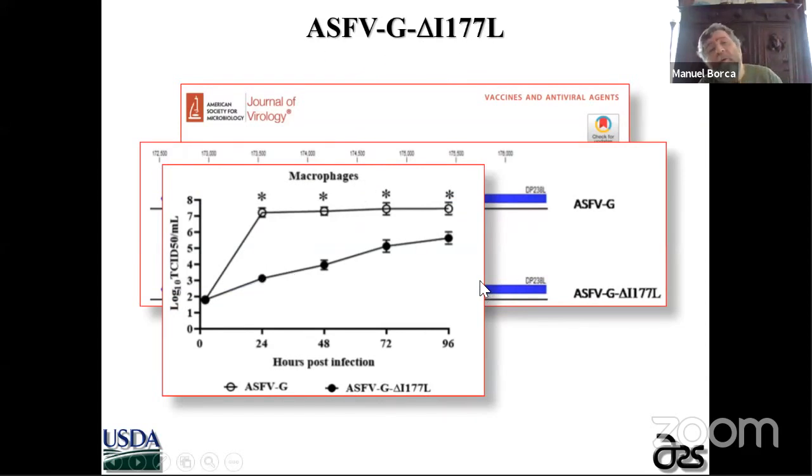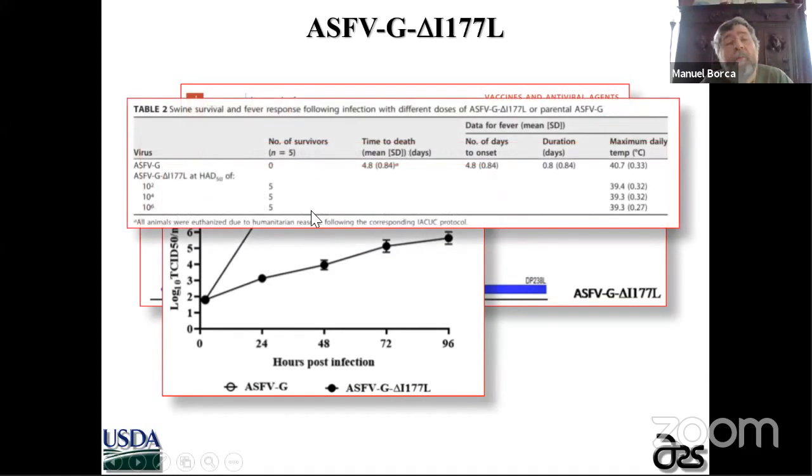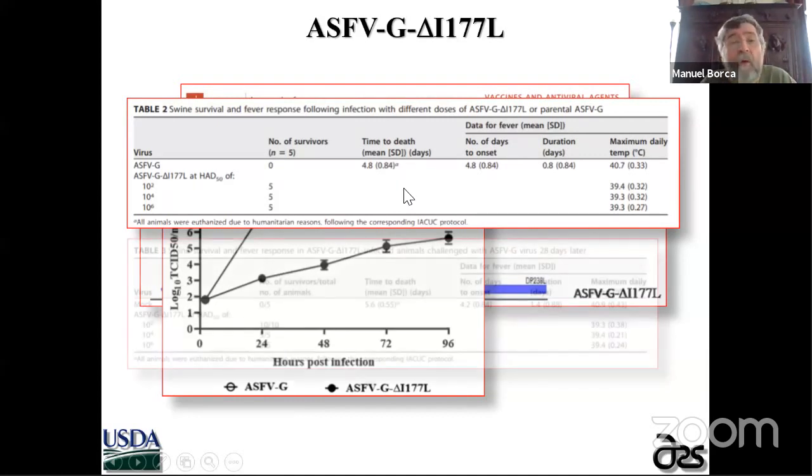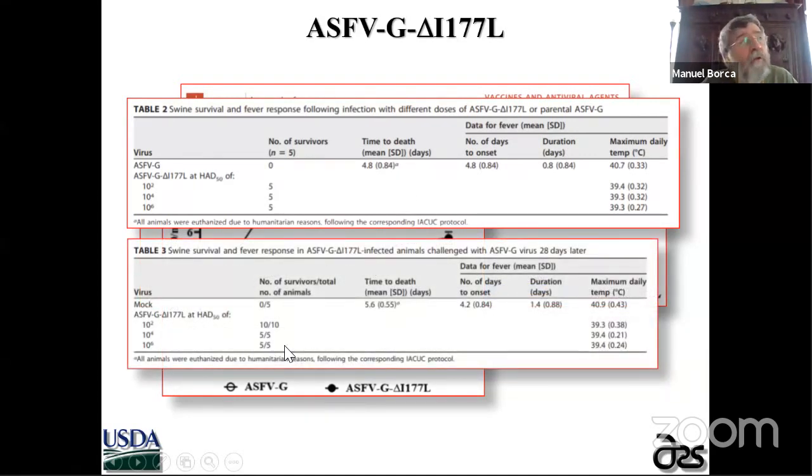The first thing that we saw is that the ability of the virus to grow in macrophages is severely affected after the deletion. Still, when we put it in pigs, even at high doses, 10 to the 6, the animals were completely healthy. So the virus completely lost the ability to produce virulence, and all these animals were solidly protected against the challenge with the Yorkshire parental virus.